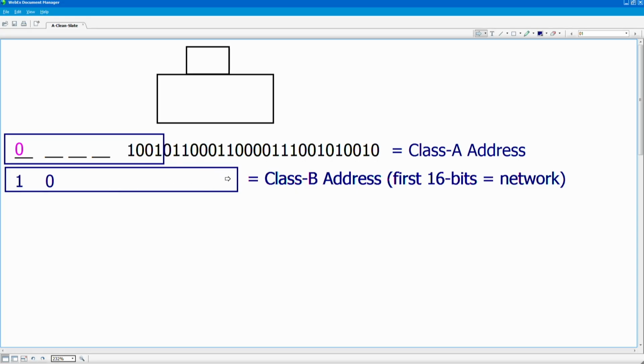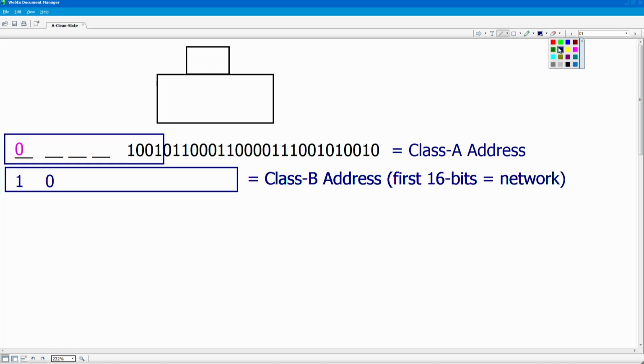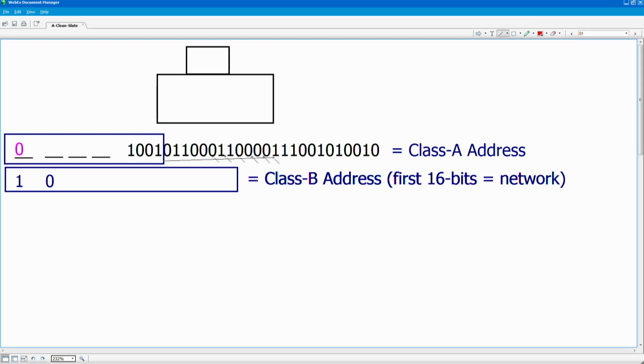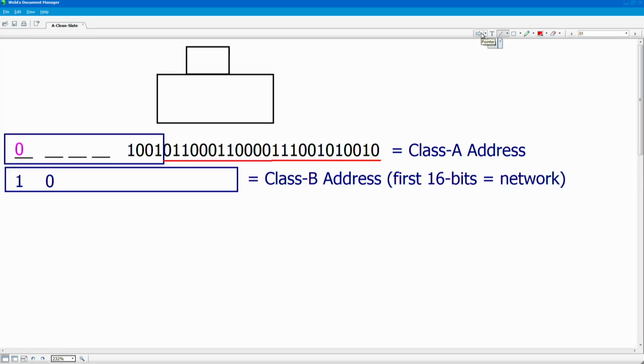So now we can see, oh, I've got a lot more networks available with 16 bits, but what's the downside? With a class A network, yeah, I've only got 254 of them, but on each one of those networks, I've got a lot of hosts, right? I've got 24 bits of host bits on a class A network. That's 2 to the power of 24. I think that's something like 16 million. So that means on one single cable, you could have about 16 million devices all in the same group, all with the same network address.